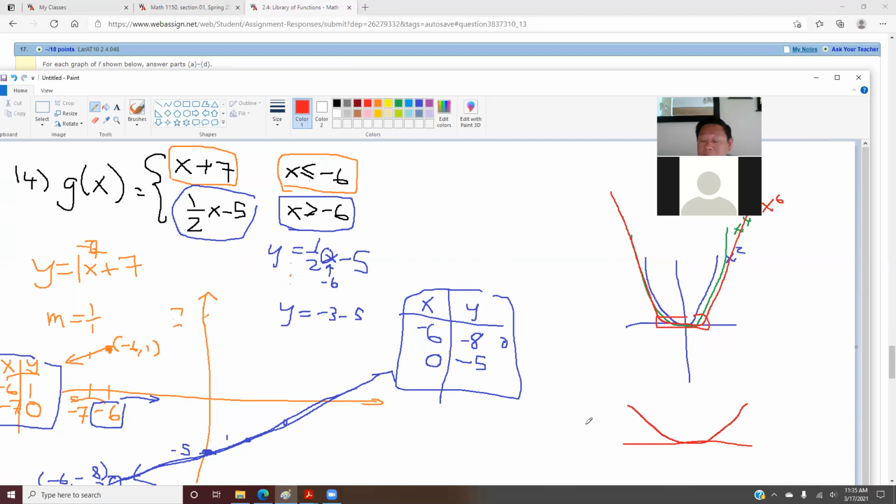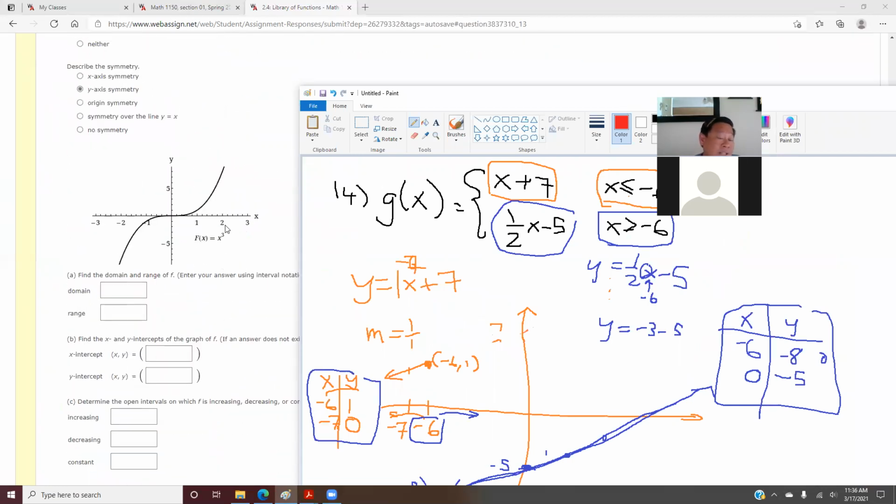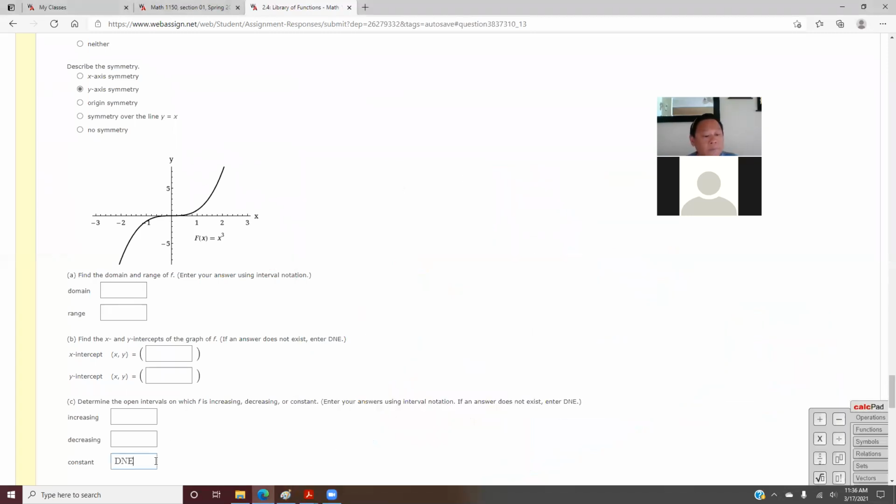It's not flat, it still goes all the way down and then all the way up. The same thing happens to this one. This is x cubed. When you have odd functions, x to the 3rd, 5th, 7th, there is still no constant here.